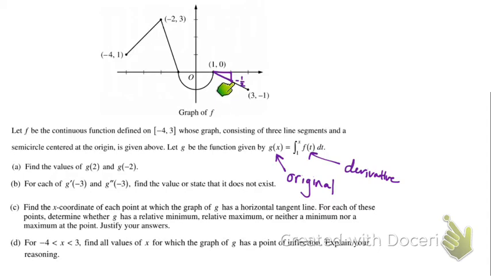So the area of this triangle right here is a base of 1 and a height of -1/2. So g of 2 would be -1/4 because it's a triangle. So g of 2 is 1/2 times the base times the height. So if I multiply all those together, I get -1/4.